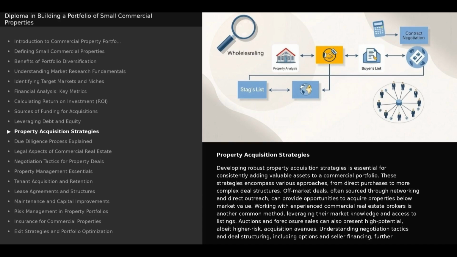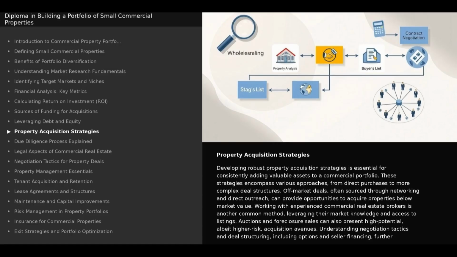Working with experienced commercial real estate brokers is another common method, leveraging their market knowledge and access to listings. Auctions and foreclosure sales can also present high-potential, albeit higher-risk, acquisition avenues.